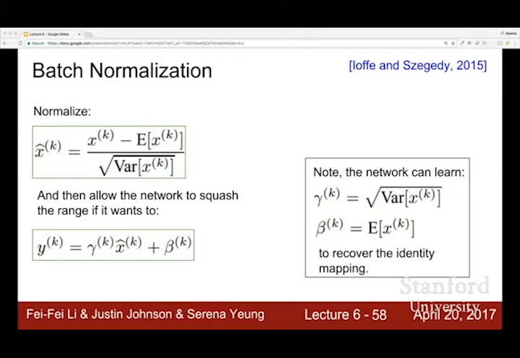And so what this actually does is that this allows you to be able to recover the identity function if you wanted to. So if the network wanted to, it could learn your scaling factor gamma to be just your variance. It could learn your beta to be your mean. And in this case, you can recover the identity mapping. It's as if you didn't have batch normalization.